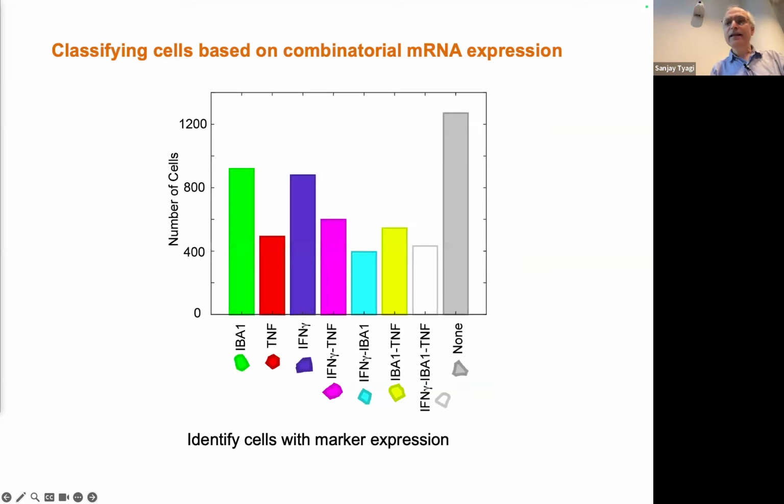So we did this, and we found that there are about 900 cells that have only IBA1, about 450 have TNF, most cells have none, and very few cells have all 3 things being expressed.